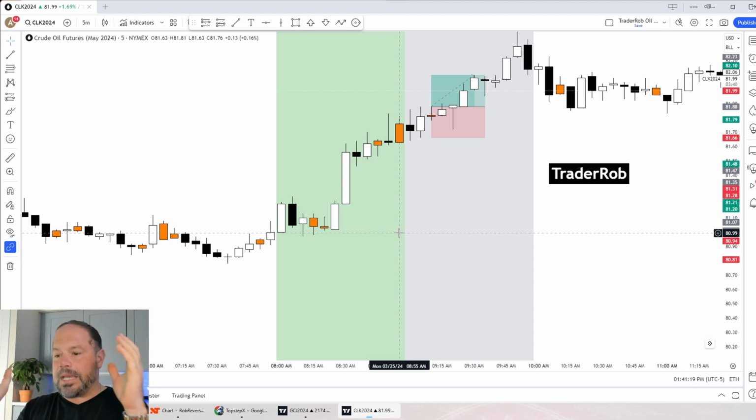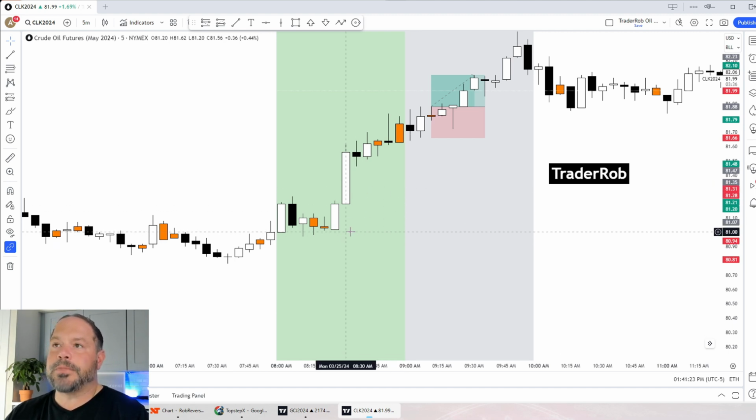And once you get that kind of breakout or movement, it's a pretty strong movement, as you guys can see here. We got some really good movement after that. So you got activated here into the long.